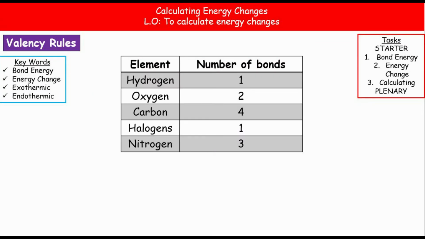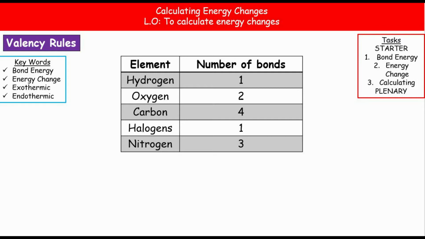Before we go any further here, something we do need to remember are the valency rules. So this just tells us how many bonds different atoms can actually form. So the common ones are in the table here, and I'd suggest you make a note of these just to remind yourselves.